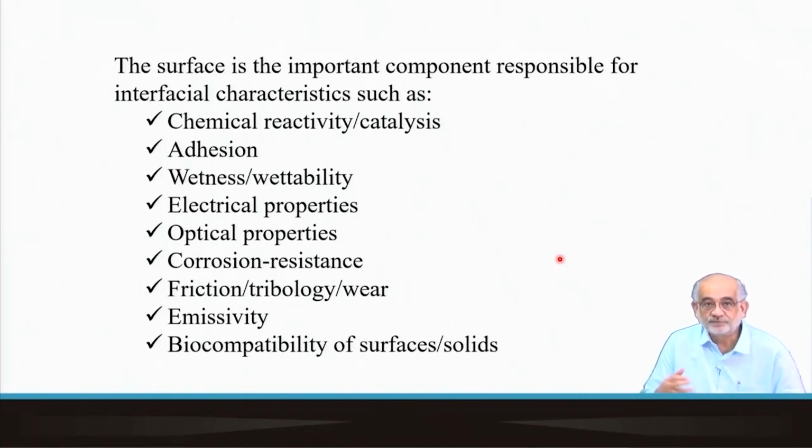So if we want to improve upon surface dependent properties, and these are the various randomly chosen surface properties which are of interest to us for various engineering applications. But if you want to improve upon them or tailor them, then what we do basically is to change either the microstructure or structure or constitution or the composition of the near surface region.